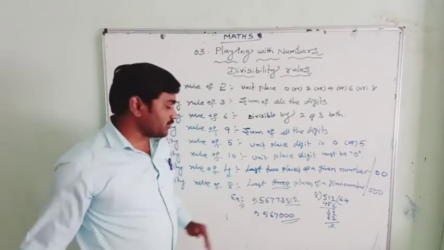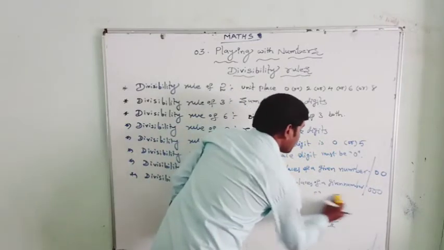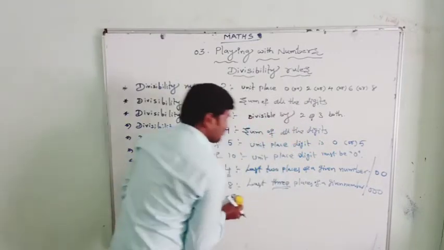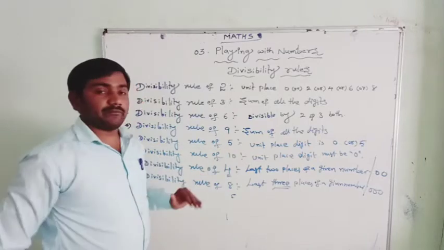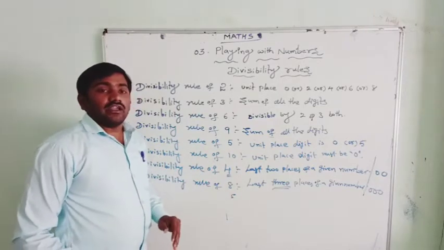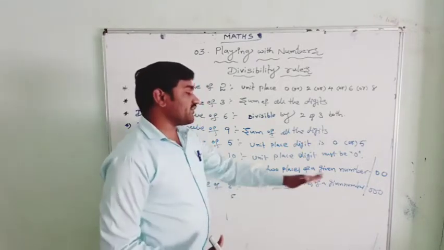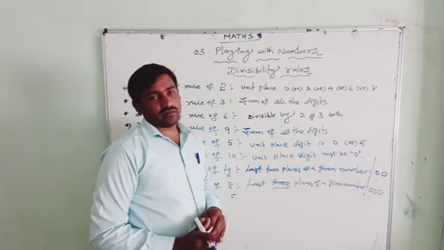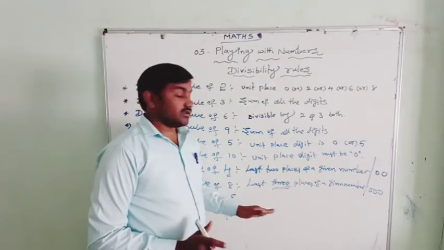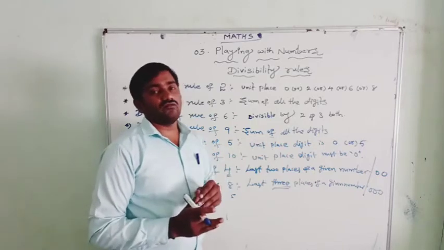Here also we need to check one thing. As we discussed for the divisibility rules of 9 and 3, and of 5 and 10, here also for the divisibility rules of 8 and 4: if a number is divisible by 8, it is definitely divisible by 4.